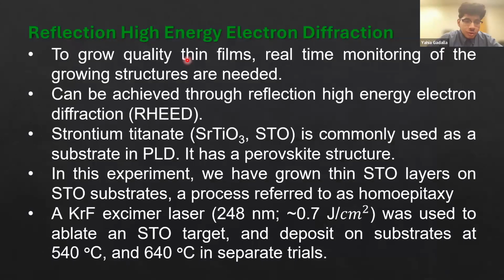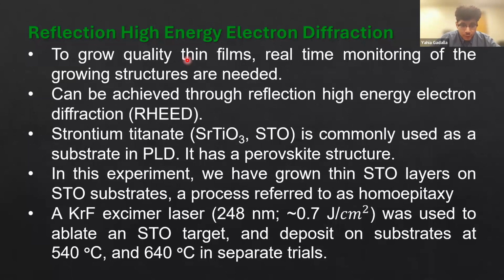Now, let's start the story off with reflection high energy electron diffraction, or RHEED for short. To grow quality thin films, real-time monitoring of the structures is needed, and it can be achieved through RHEED. Strontium titanate, or STO, is commonly used as a substrate in PLD. This is from its perovskite structure.